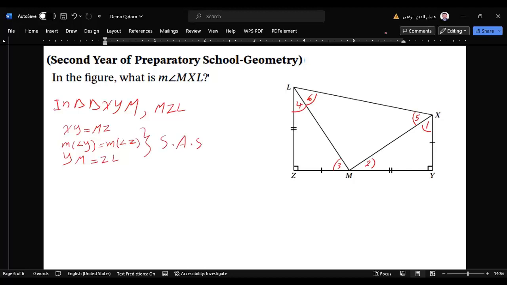Then triangle XYM is congruent to triangle MZL.